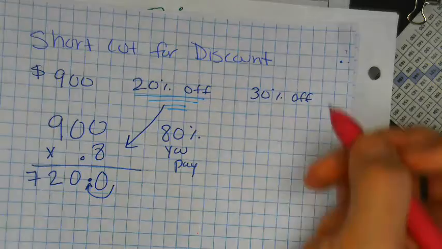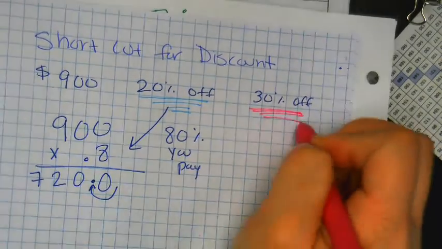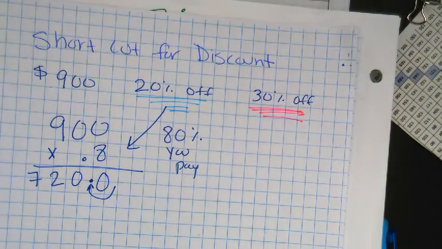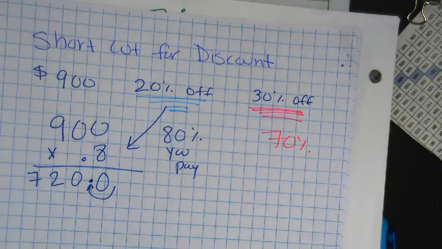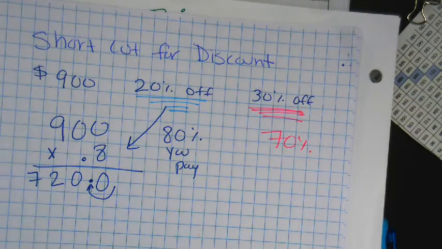Okay, so if it's 30% off, what percent are you paying? 70%. So we're going to focus on the 70% instead of doing the multiple steps.